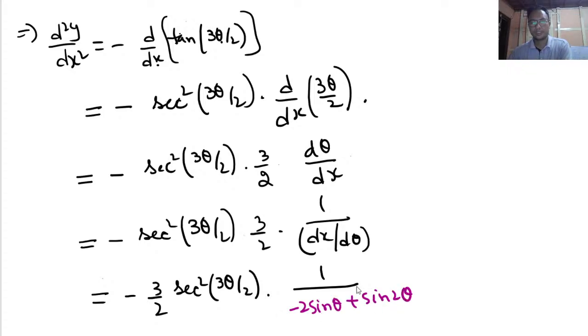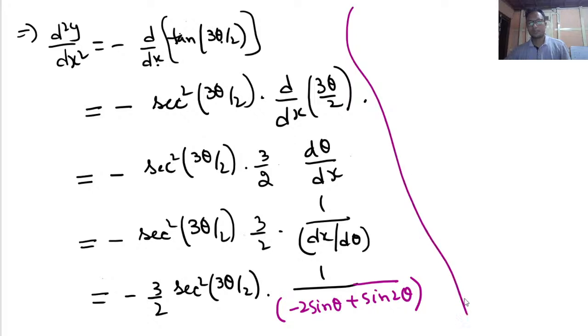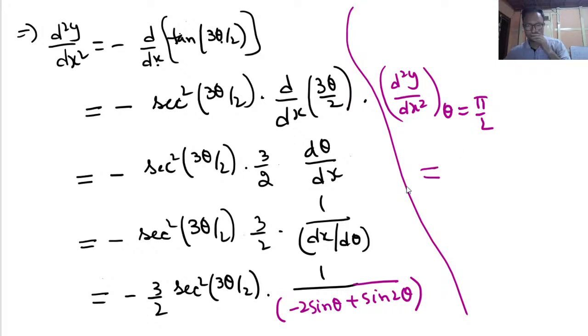Now we have to find the value of d2y by dx squared at theta equal to pi by 2.